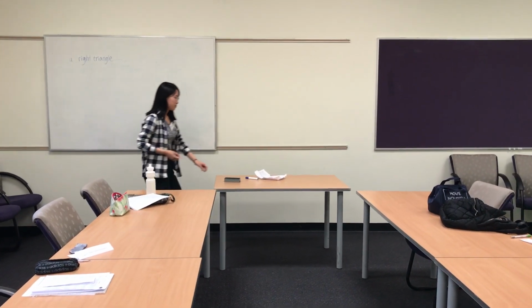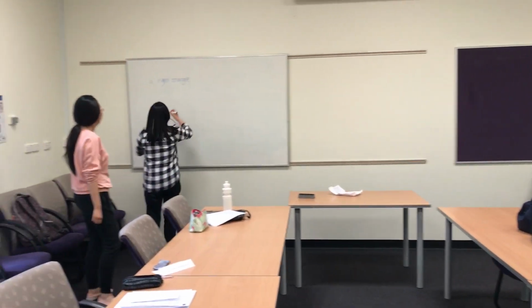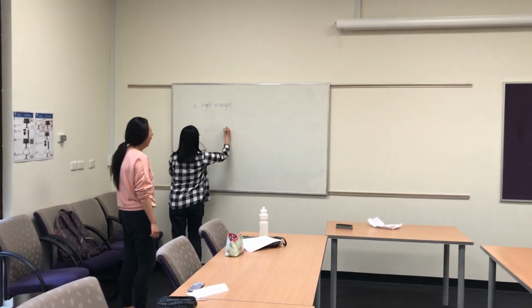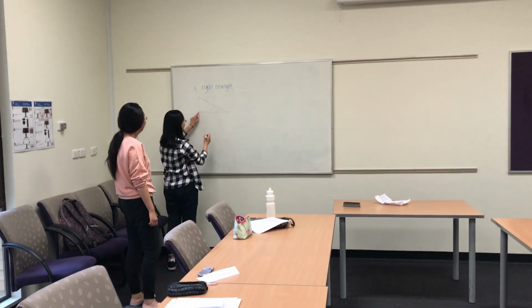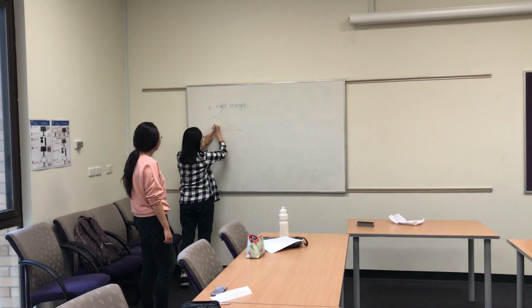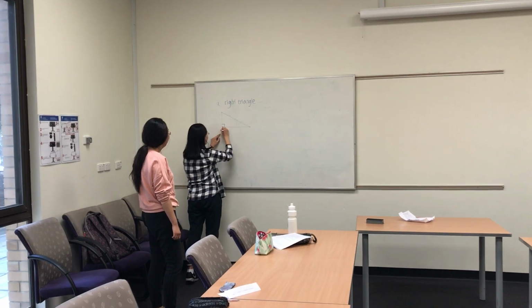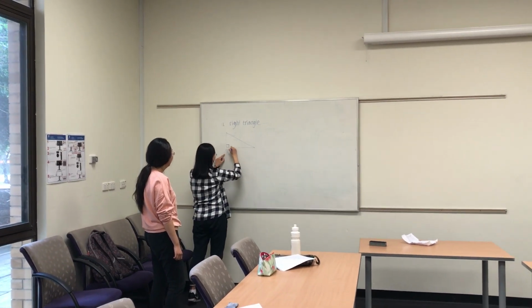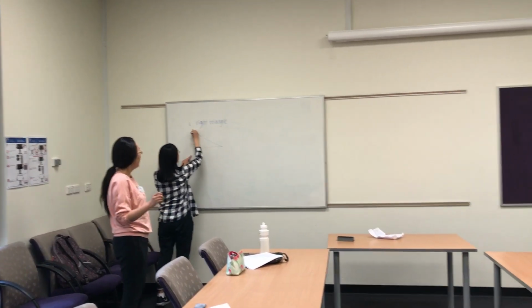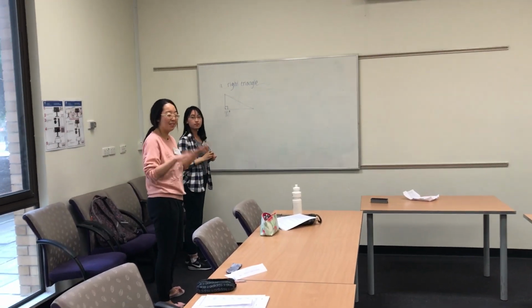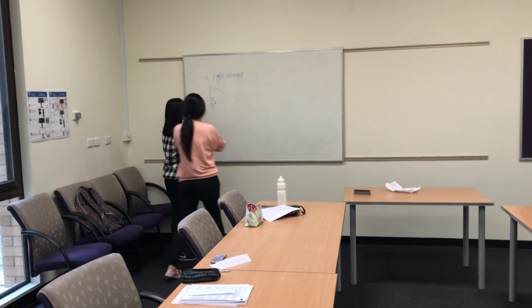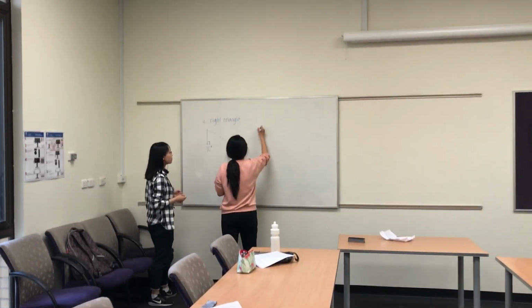Two sides are equal. No. The common thing is that all right triangles have an angle which is 90 degrees. I said that two sides are equal, but it can be like this as well.